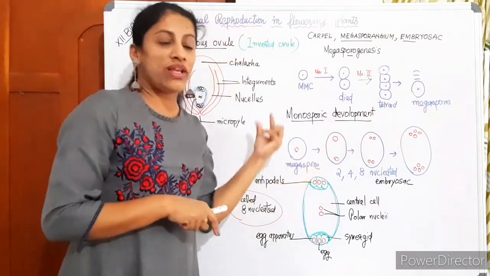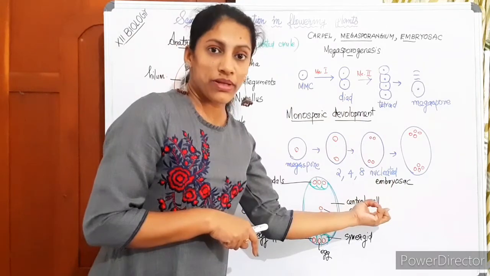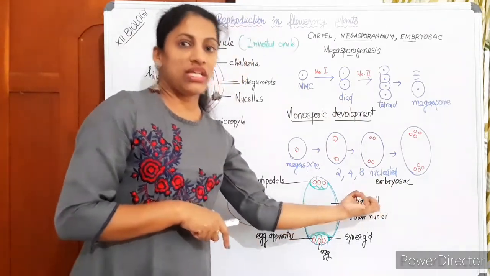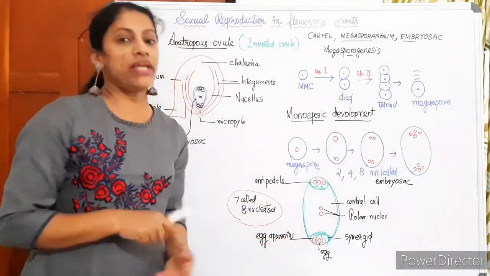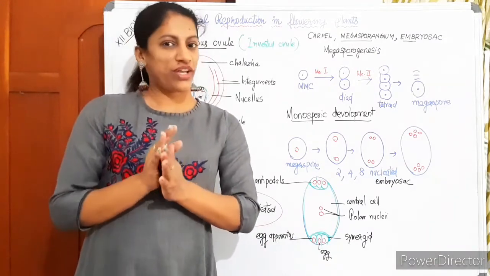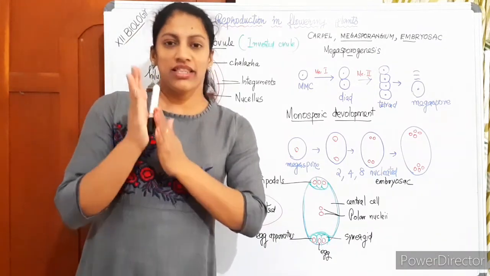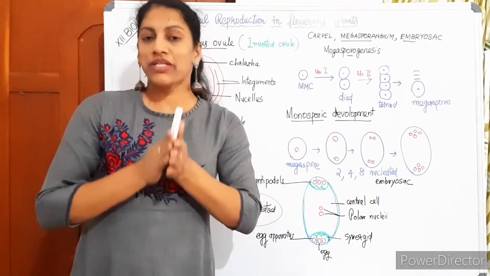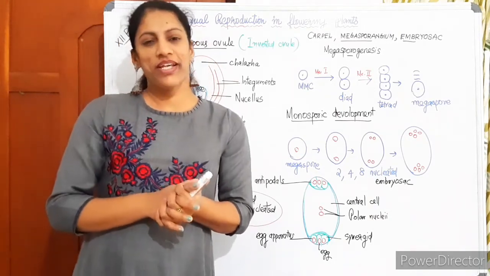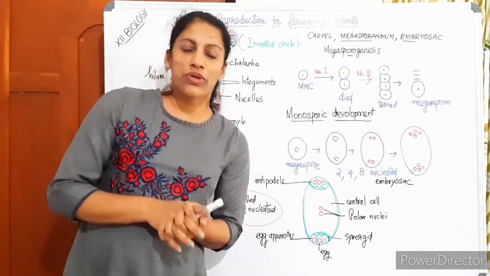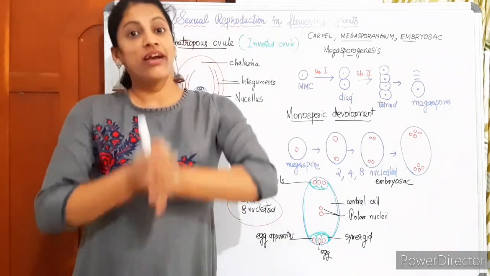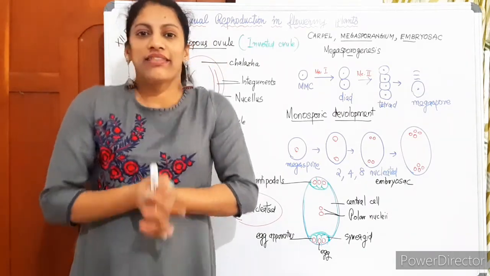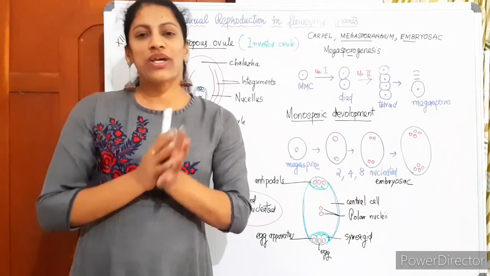This megaspore develops to the female gametophyte, the embryo sac. Within the embryo sac, the female gamete egg is formed. Okay, I think it's clear. The female part of gametogenesis: megasporogenesis and monosporic development of embryo sac and the formation of egg inside the embryo sac. So I think it's clear.